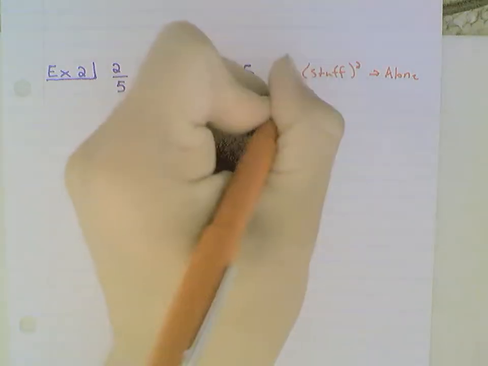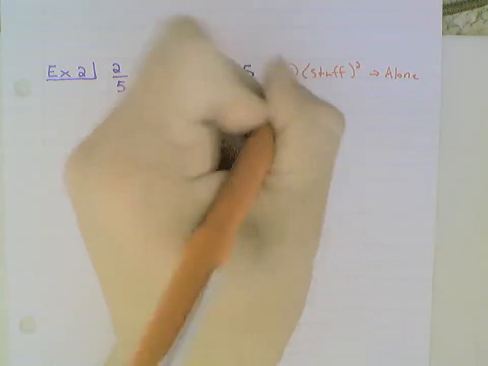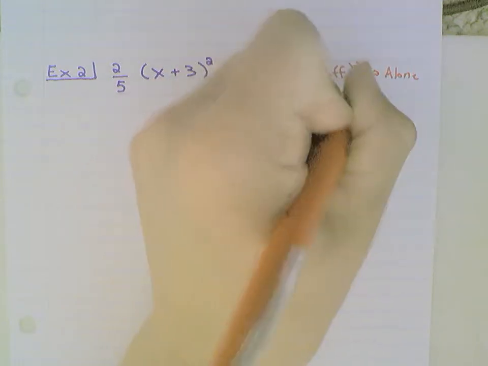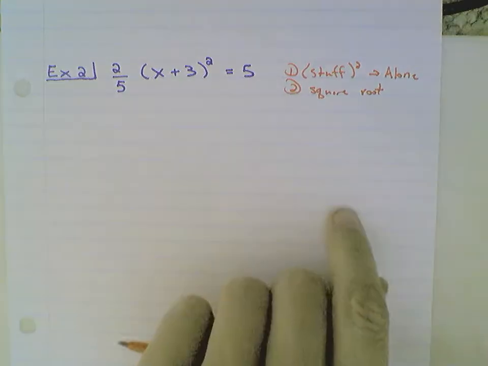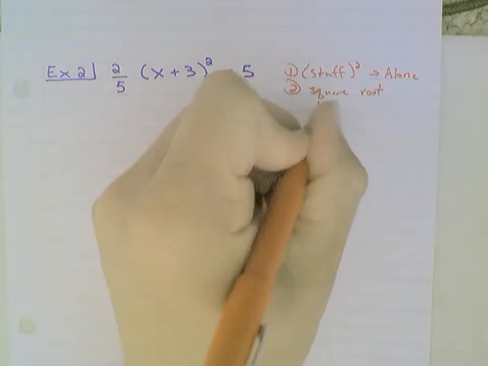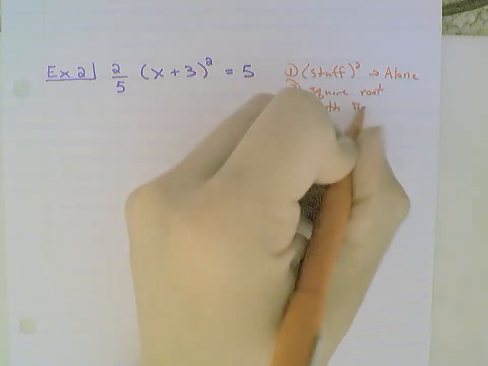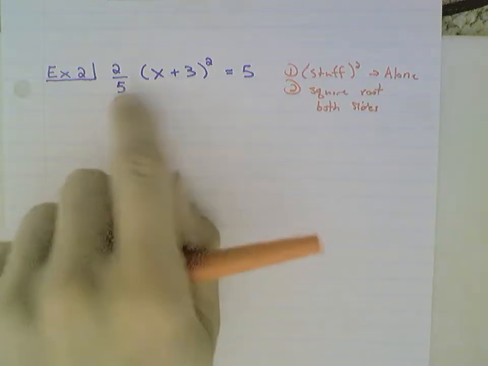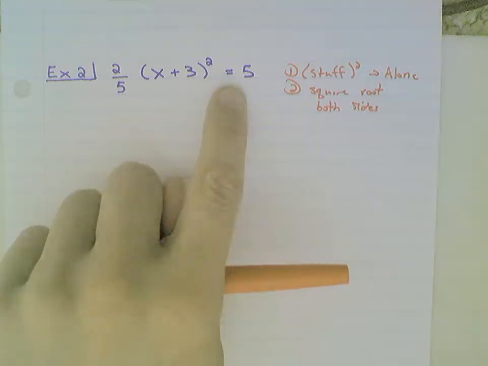And then my second step will be to take the square root of both sides. So square root both sides after that. For instance, in this example, I have 2/5 times x plus 3 squared equals 5.